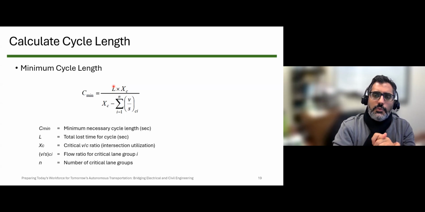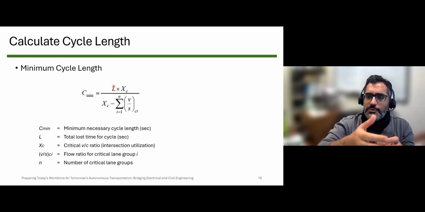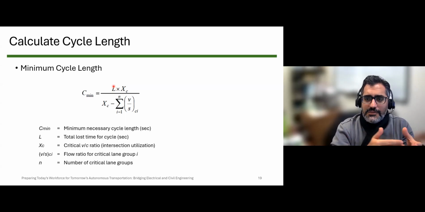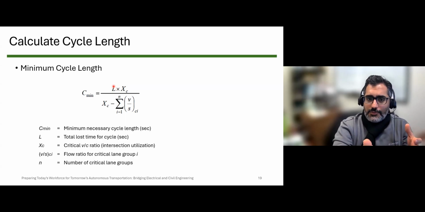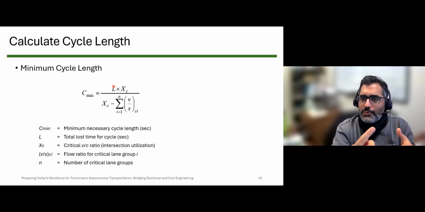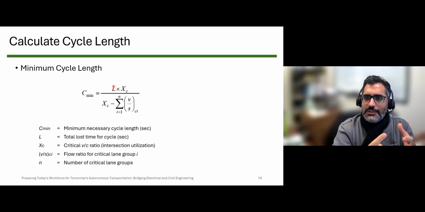Then assume that we want to stop the traffic. So the signal turns to yellow and turns to all red. Not every vehicle is going to use the entire yellow and all red. So that duration is not going to be utilized every time that we have a rotation in the signal cycles.